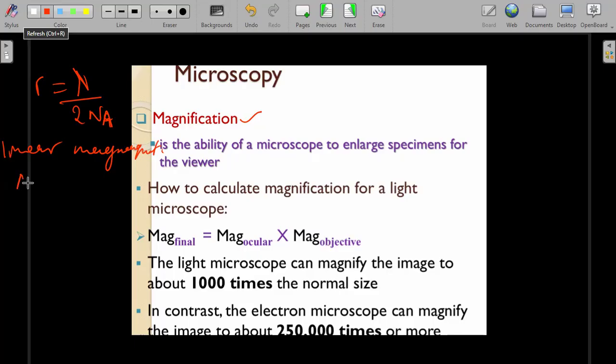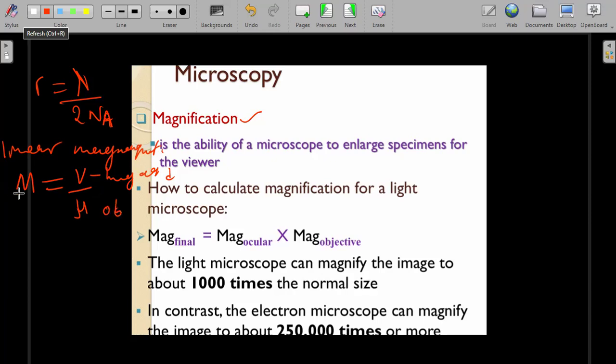I'll use capital letter M to indicate magnification. So magnification is going to be given by V divided by U. Okay, small letter u there. So this V stands for the image distance. Then the U there stands for the object distance.